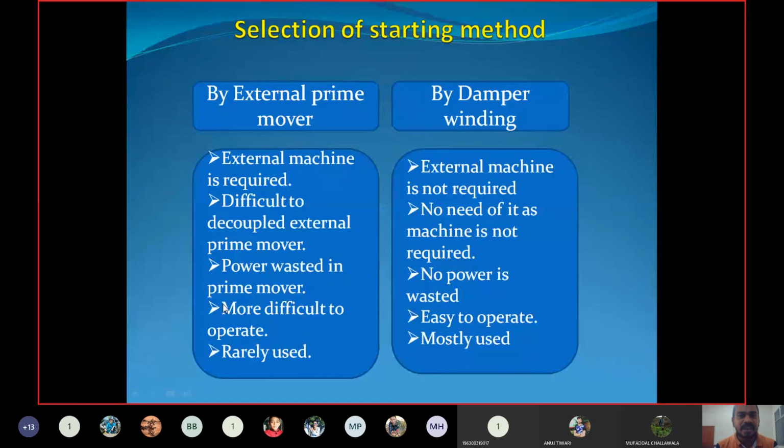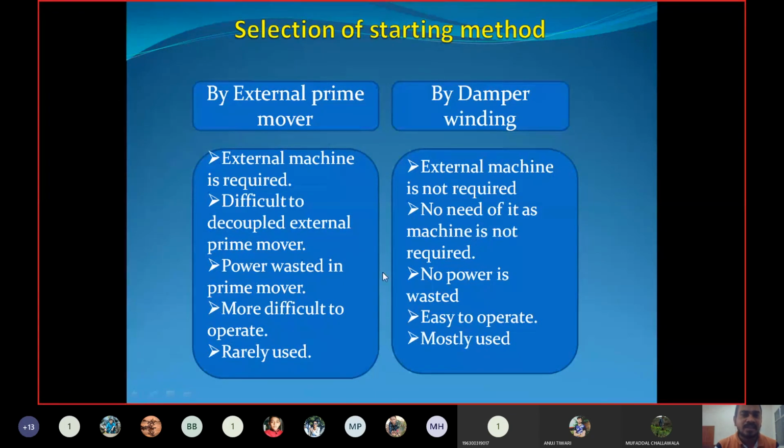In the external prime mover method it is more difficult to operate, whereas starting by the damper winding method is easy to operate because there is no external prime mover.